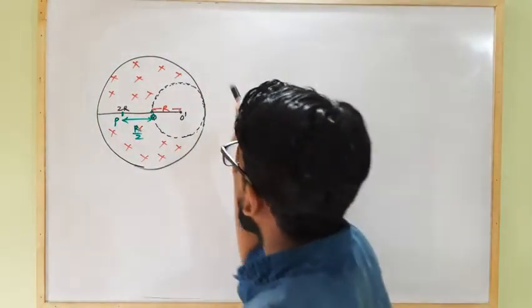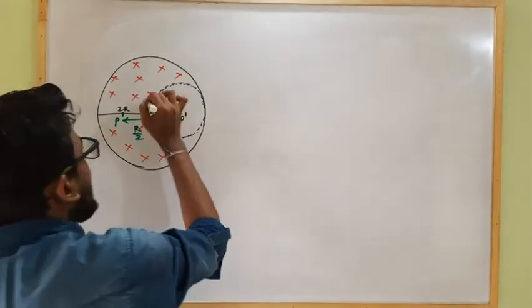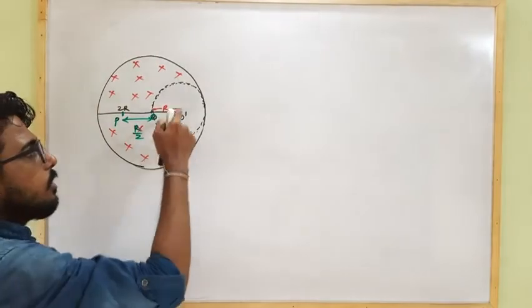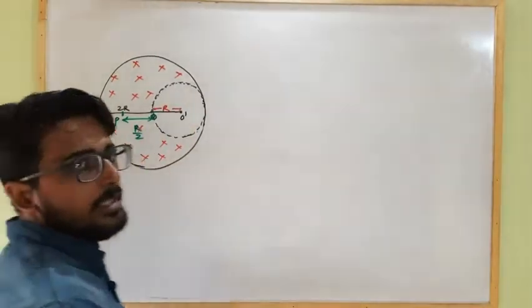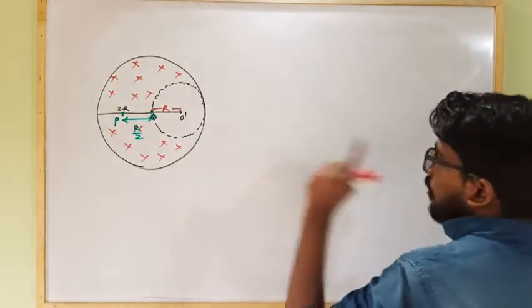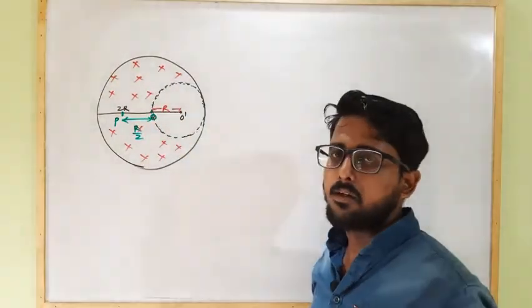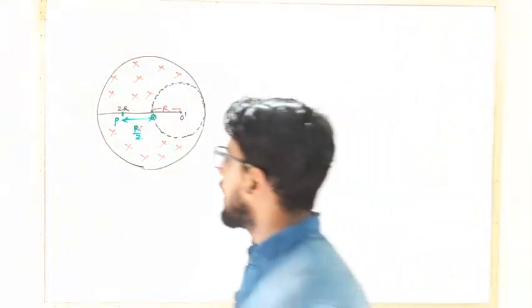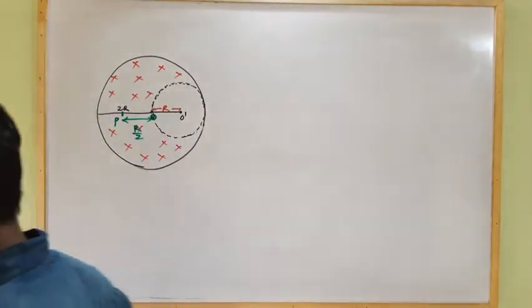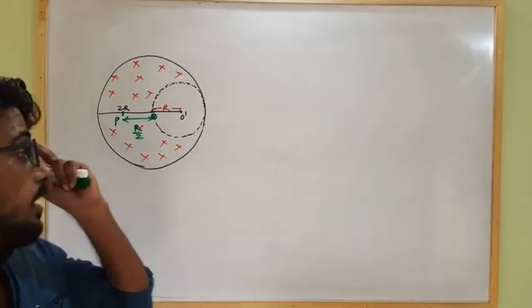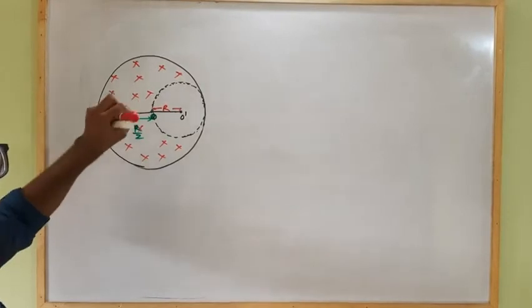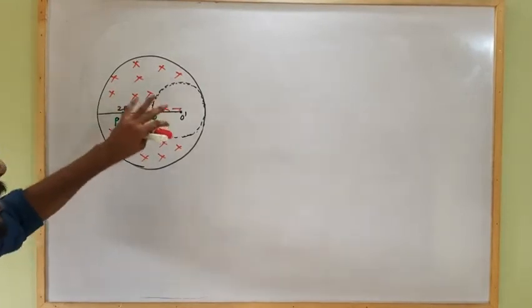Then we assume there is another current carrying conductor in place of the cavity, which carries current in the opposite direction to that of the given conductor. Then we add the net magnetic field strength due to these two cases, which will give us the net magnetic field strength at that point due to this system.